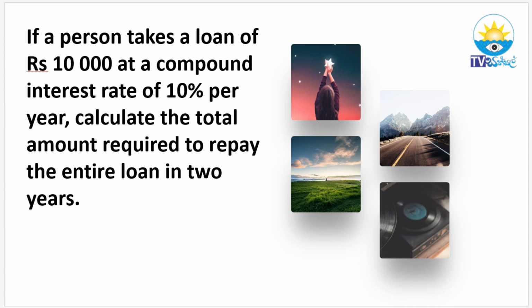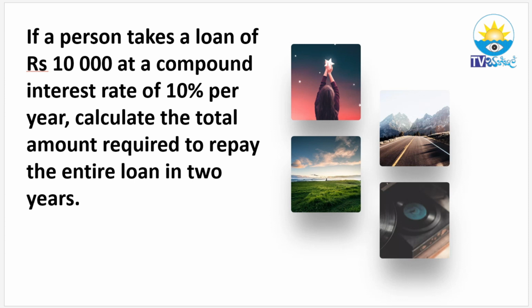Children, first of all, as per my information in previous slides, you have to read a question at least twice to get the correct idea. If a person takes a loan of 10,000 rupees at a compound interest rate of 10% per year, calculate the total amount required to repay the entire loan in 2 years.